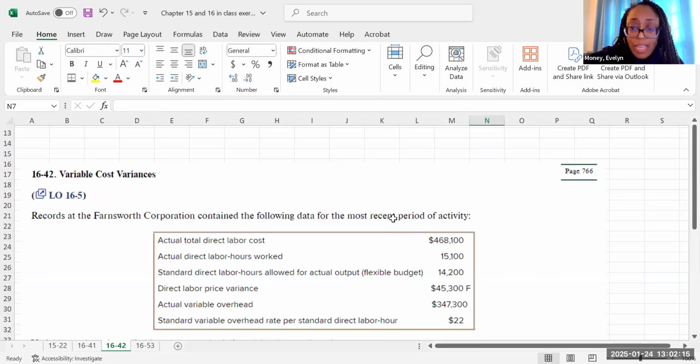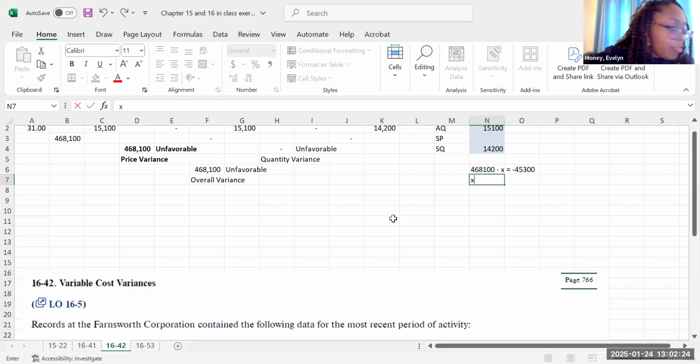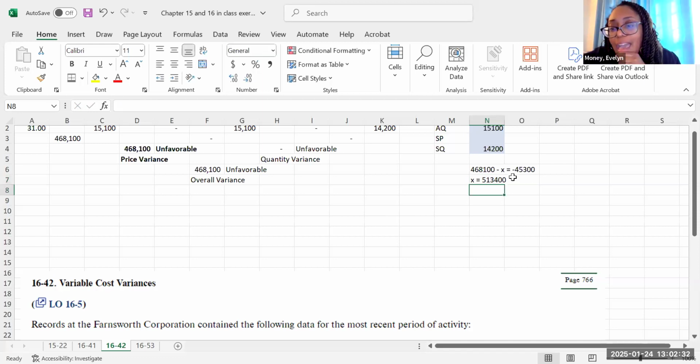Make sure I'm picking, yes, the negative 45,300. And now we're just going to solve for X. So in solving for X, we find that X is equal to 513,400. And I know that because I am adding the 45,300 to both sides, and 468,100 plus 45,300 is 513,400.